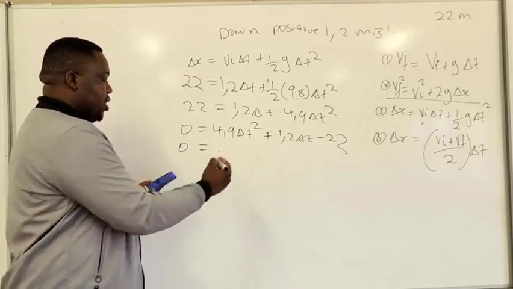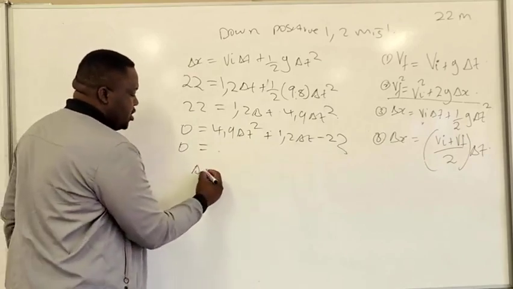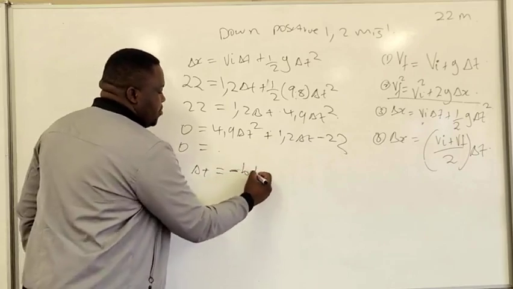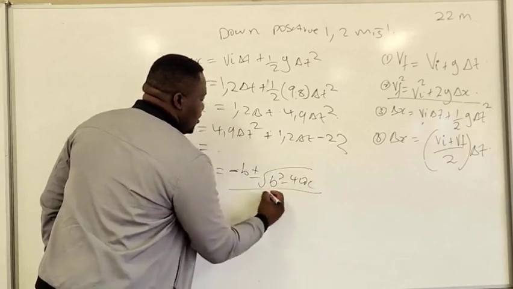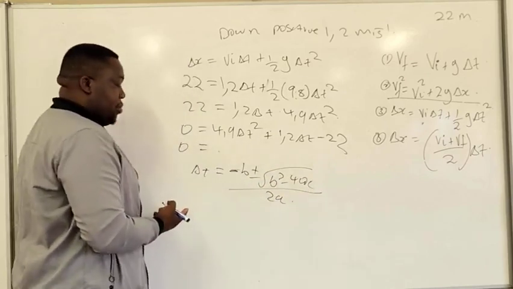We use our quadratic formula. Change in time is going to be negative b plus or minus the square root of b squared minus 4ac, over 2a. This is the quadratic formula, you know, right?